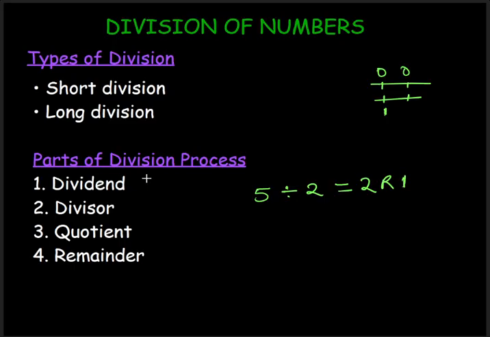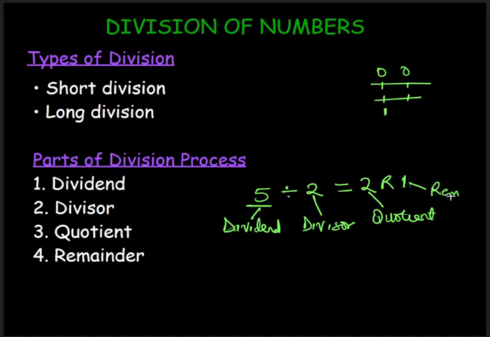So 5 becomes our dividend, 2 becomes the divisor, and this other 2 becomes the quotient. That's the result, and this becomes the remainder.